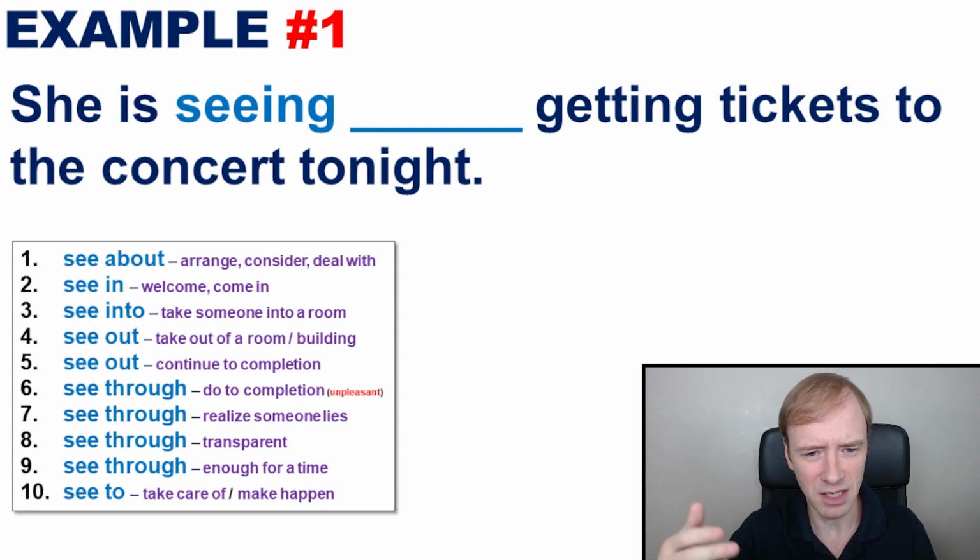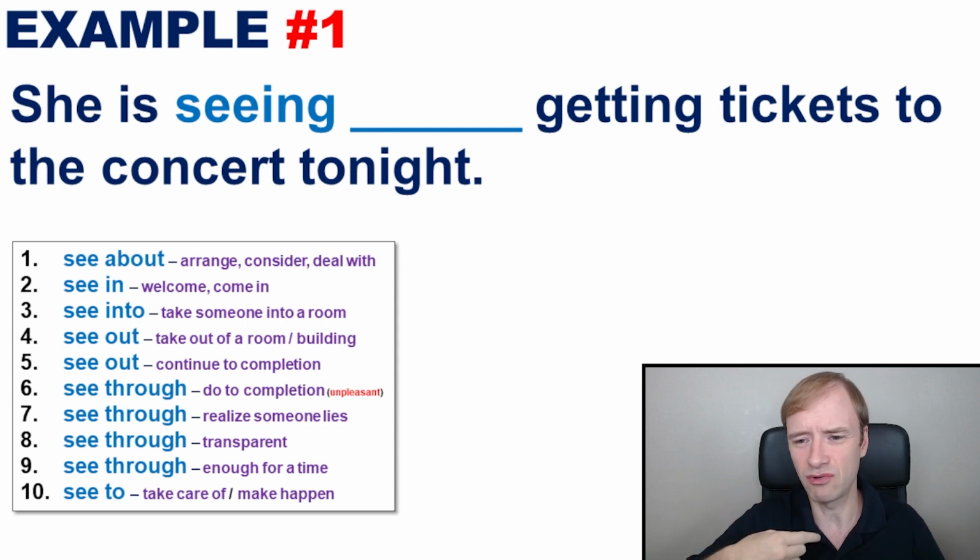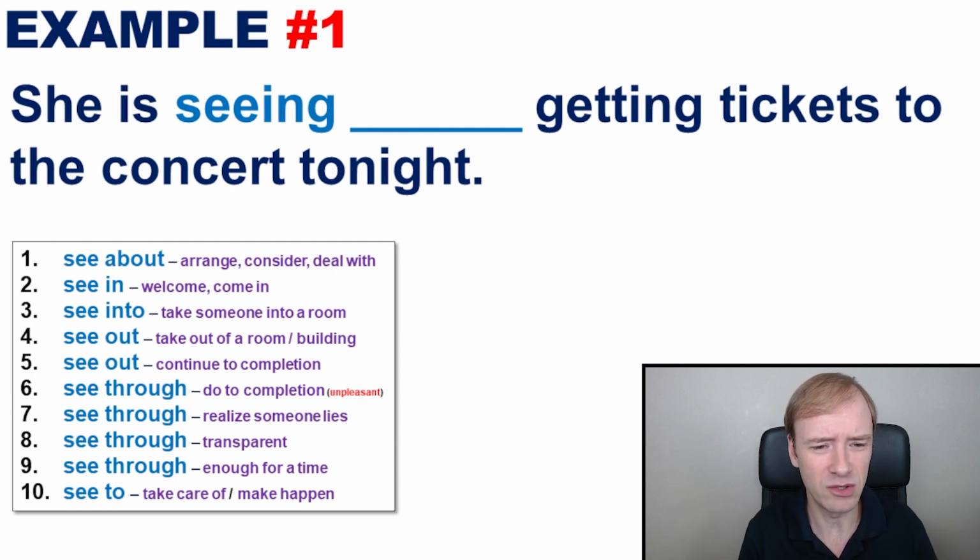See out, continue to completion. See through, to completion, but something you don't like. See through, realize someone's lies. See through, transparent. See through, enough for a time. See to, take care of, make happen. Ugh, so many here. It's confusing. We'll do it together. Don't worry.